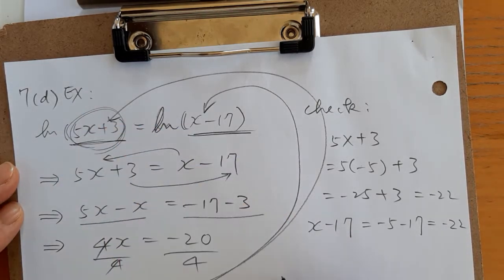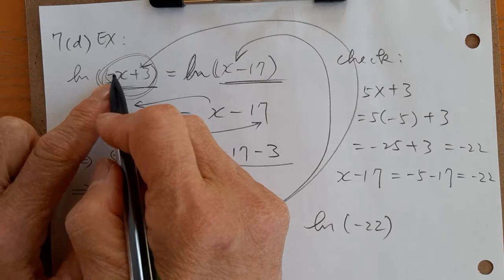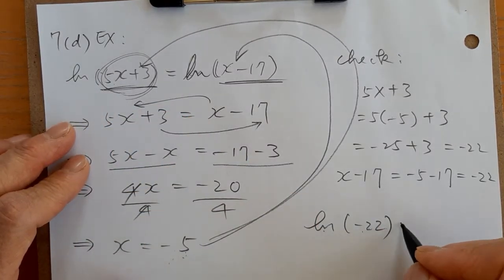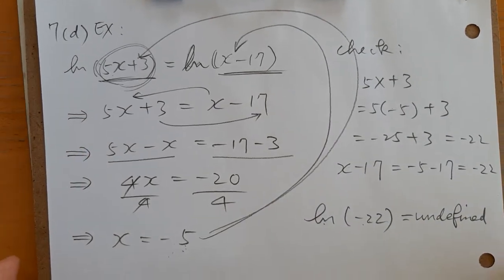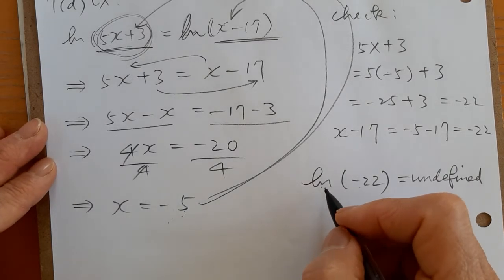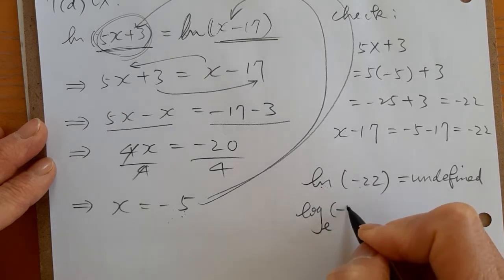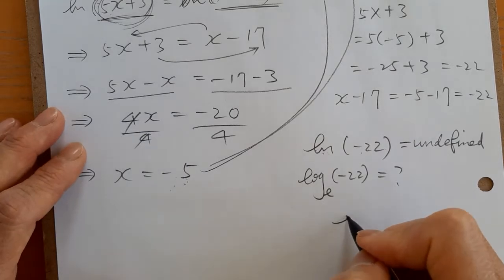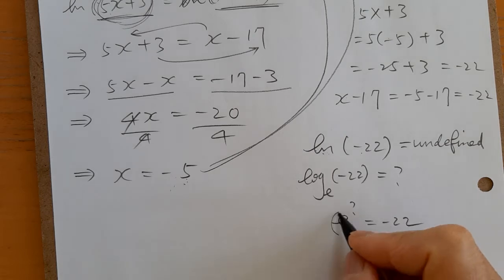So with x equal to negative 5, the left side is ln of negative 22. ln of negative 22 is undefined, no value. Why? I'll show you. Because ln is log with base e. If ln of negative 22 equals something, in exponential form it is e to the power of something equals negative 22. But e is a positive number.